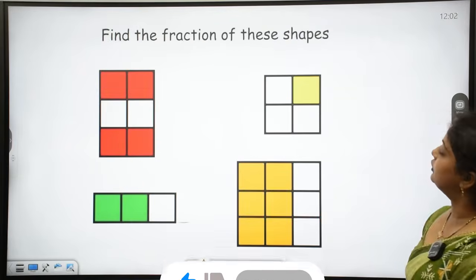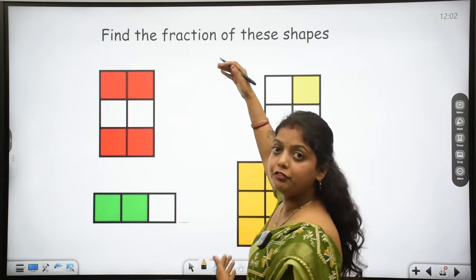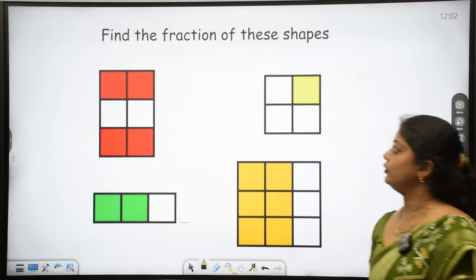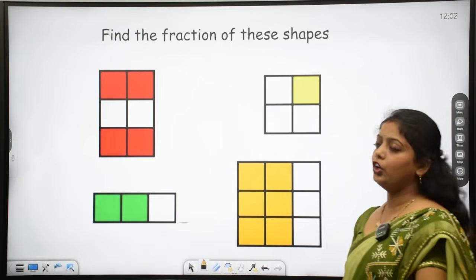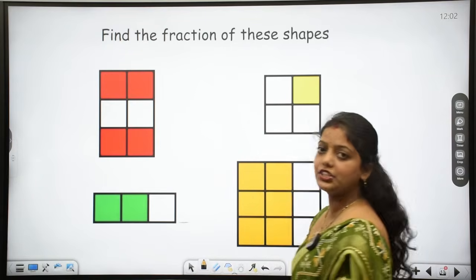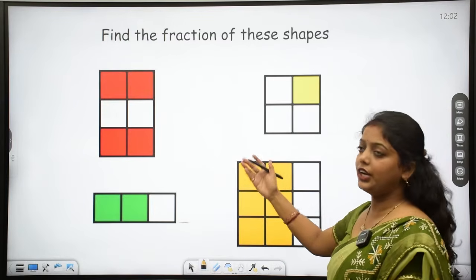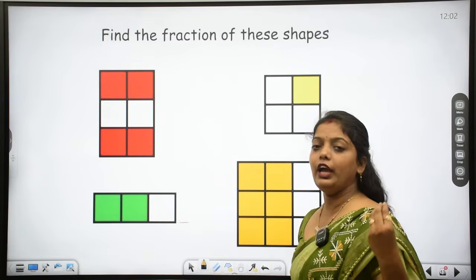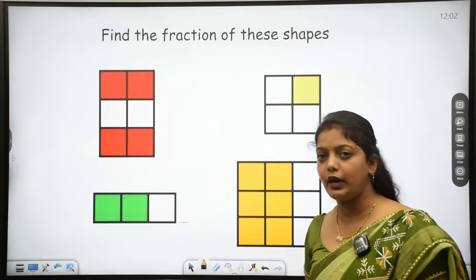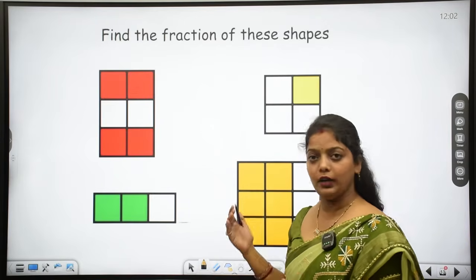We have to learn how we write fractions, numerator and denominator together. In these figures you can see some equal parts are given to you, and some parts are shaded. So in the denominator we take the total number of equal parts and in the numerator we take the shaded parts.